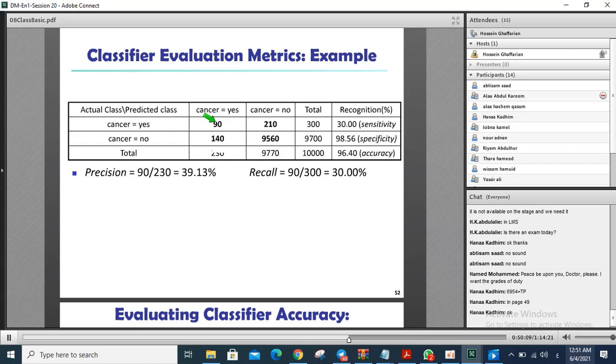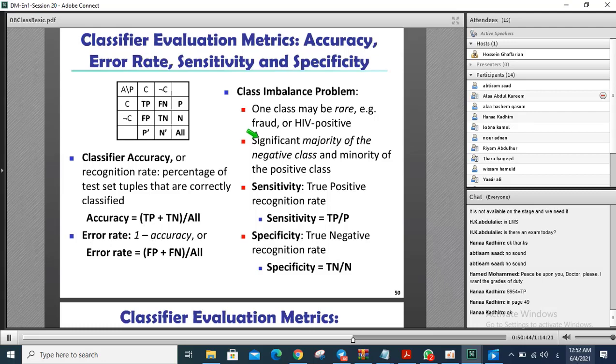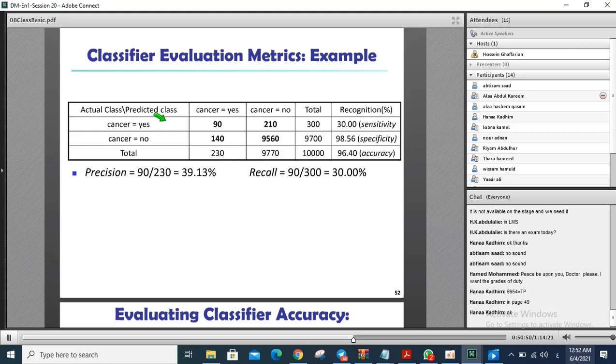Only 90 records belong to class true positive. Only 210 people belong to class true negative. But look at this, 9,560 cases. 9,560 records are in the class false negative here, true negative here.